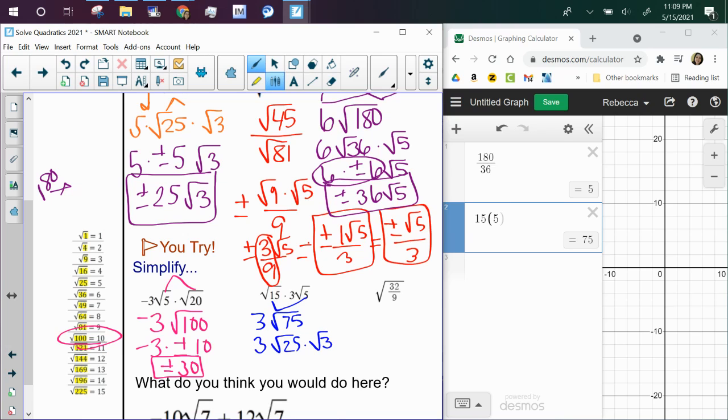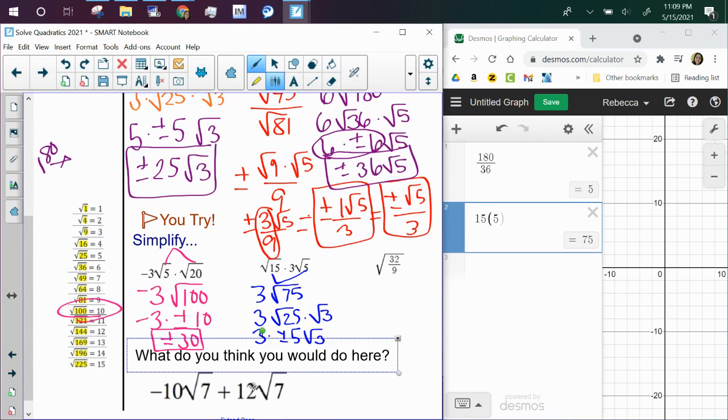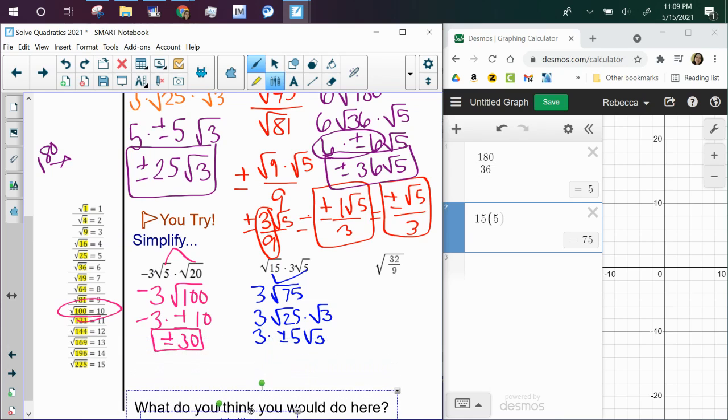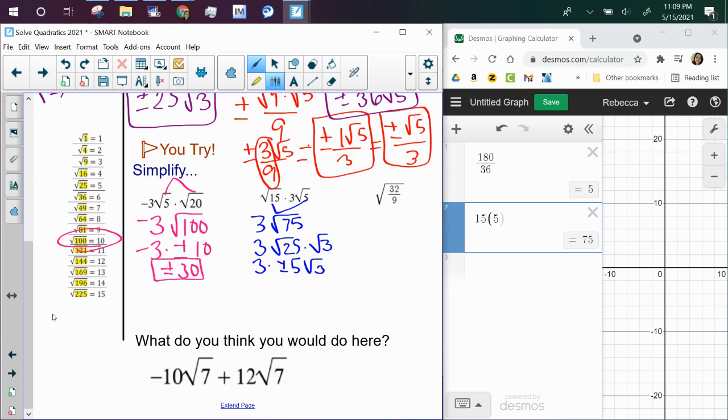And I've got the 3 over here. So now I've got 3 times positive or negative 5 times the square root of 3. And then I'm just going to multiply the 5 and the 3 to give me 15. So I have positive or negative 15 square root of 3.